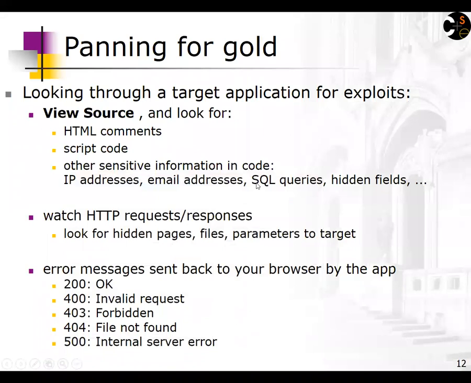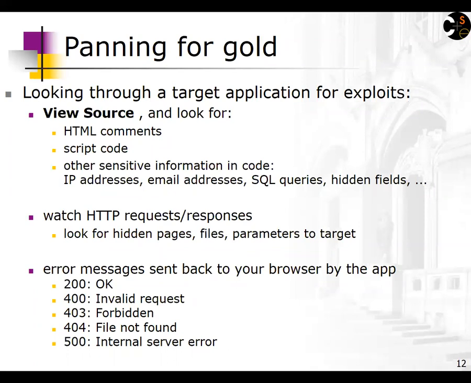All right, so you can watch for HTTP requests and responses, the files, the parameters, and also the messages sent back. So typically in HTTP nomenclature, 200 is okay. 400 is invalid request. We all know the mighty 404. 500 is when the server messes up.